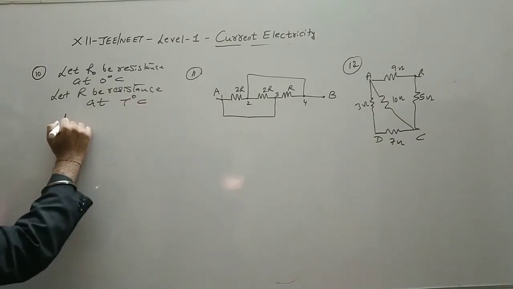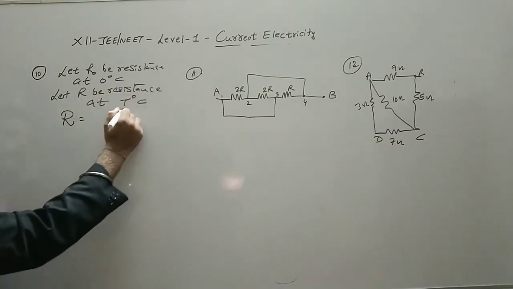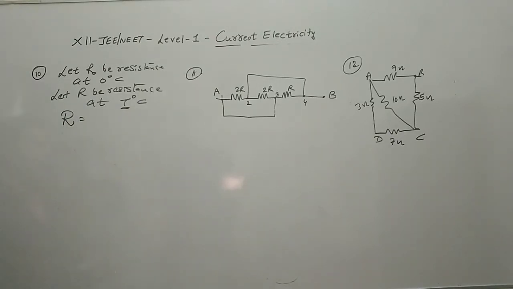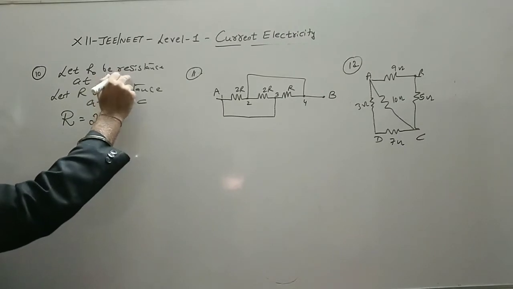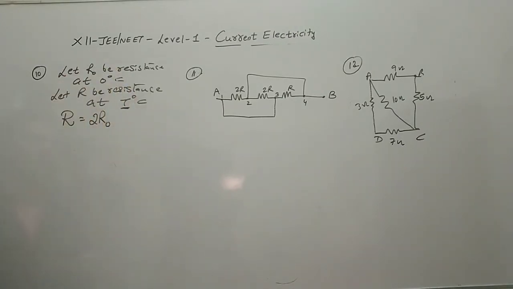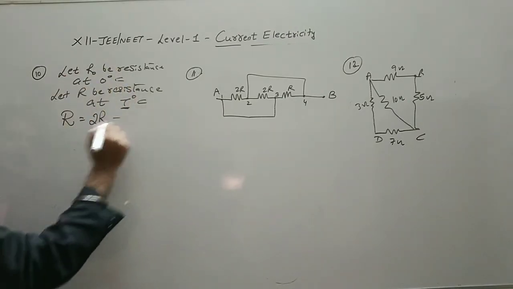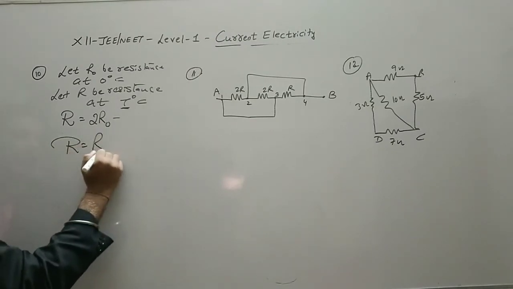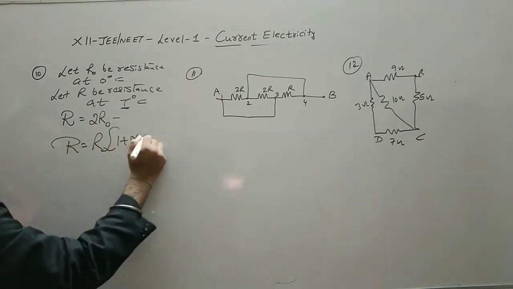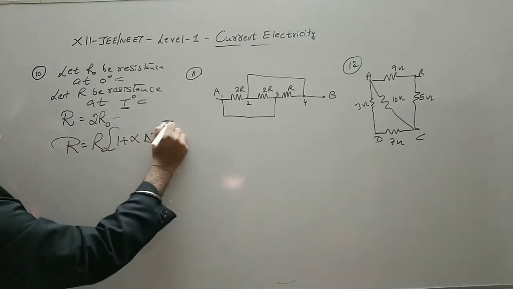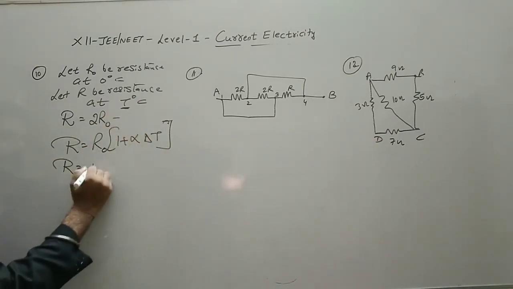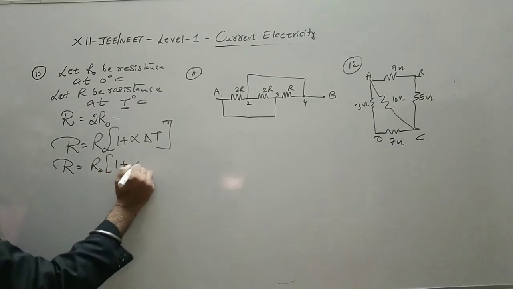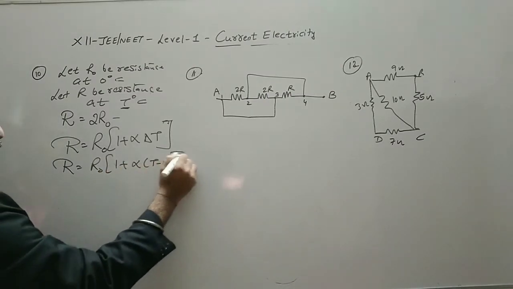We know the formula, and we have to find T. At this temperature the resistance becomes double the resistance at 0 degree centigrade. We know that R is equal to R naught into 1 plus alpha delta T, or delta theta, sometimes we write delta theta. So here R is equal to R naught into 1 plus alpha into T minus 0.